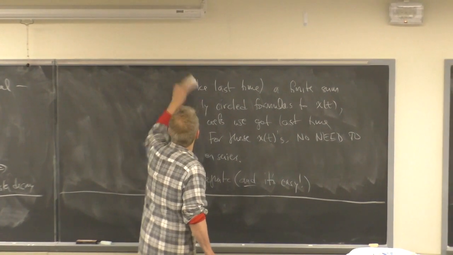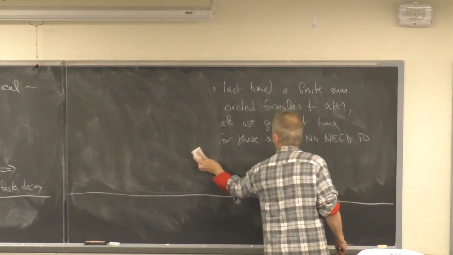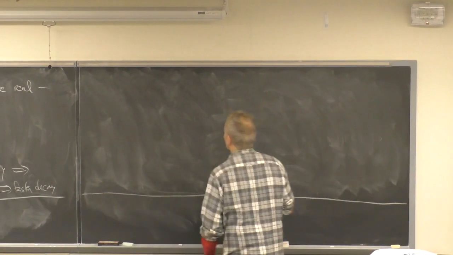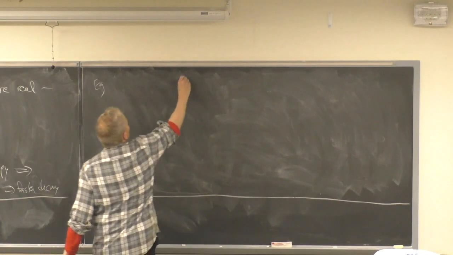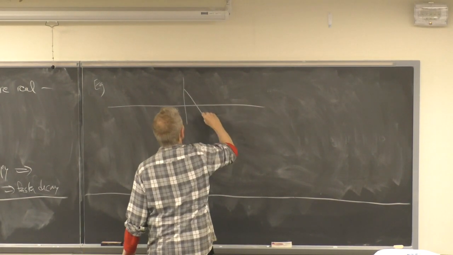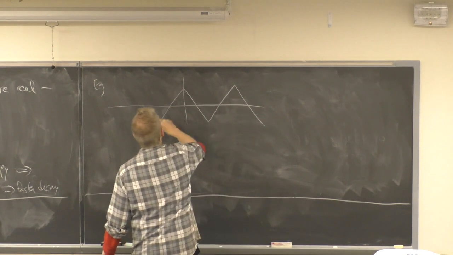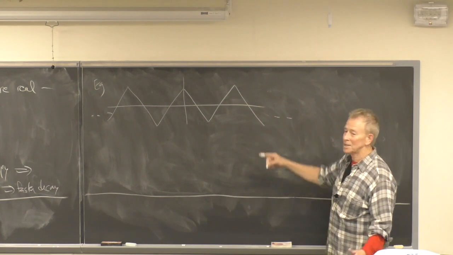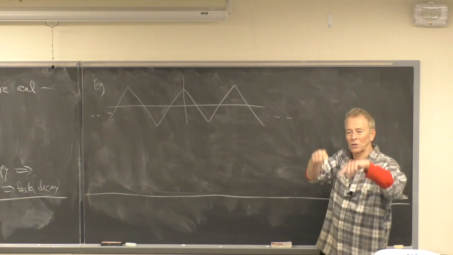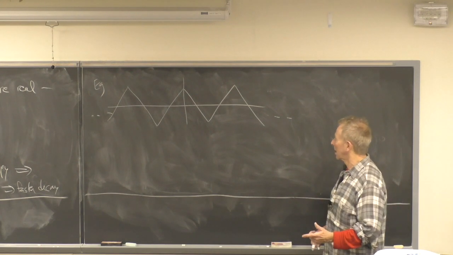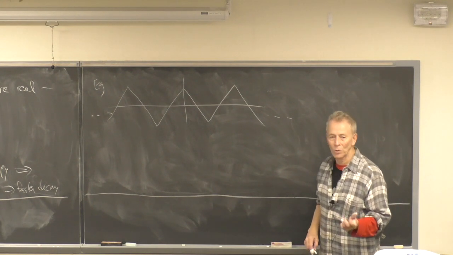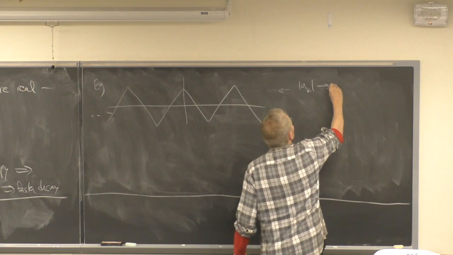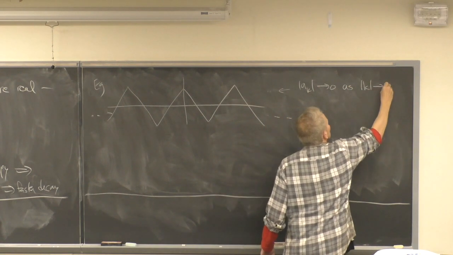If you look at a triangle wave, so for example, if x of t is something like this, a triangle wave, it still has corners in it, but it doesn't have jumps like the pulse train. This has Fourier coefficients that go to 0 like 1 over k squared as k goes to plus or minus infinity.